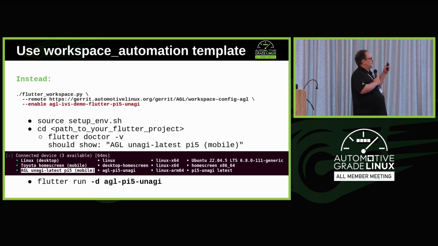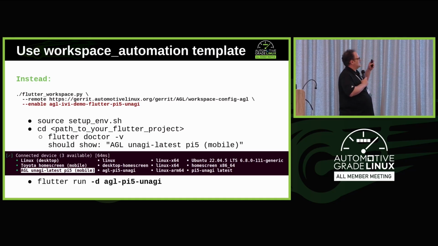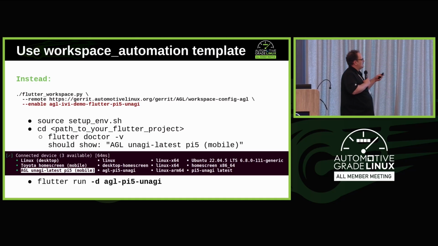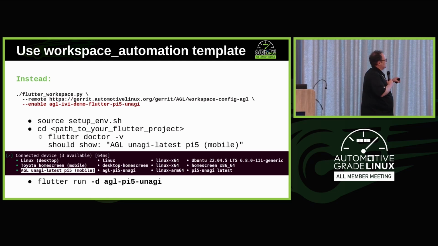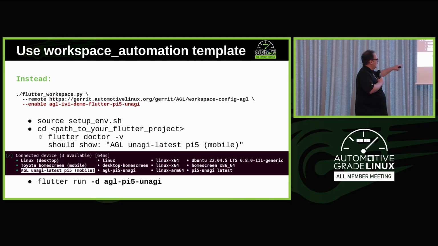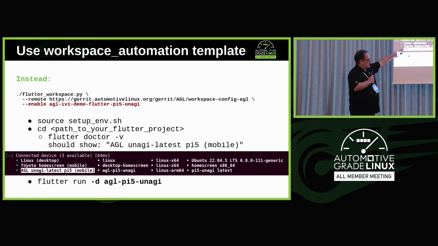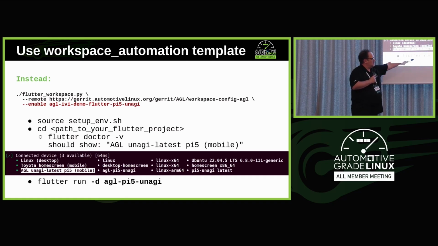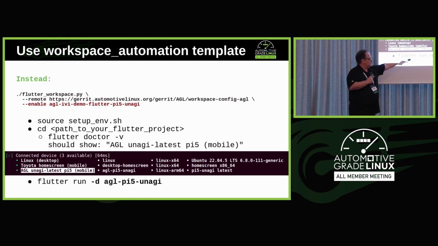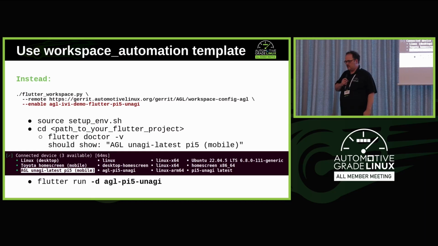So we run the workspace, we enable the template, and in the end, if the board is reachable, we get this entry here. And you see in the second column, this is the device name. You see device name Linux, that's what we had before. And the last one is then the one we would use.